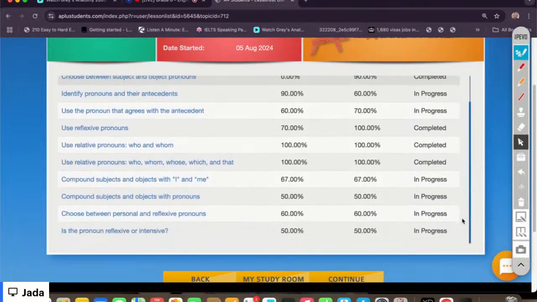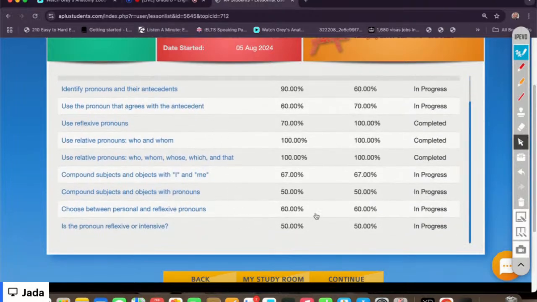Complete it step by step. We have three more on the chapter pronouns. If after the live you still need help, you can click on here and you can get more help.